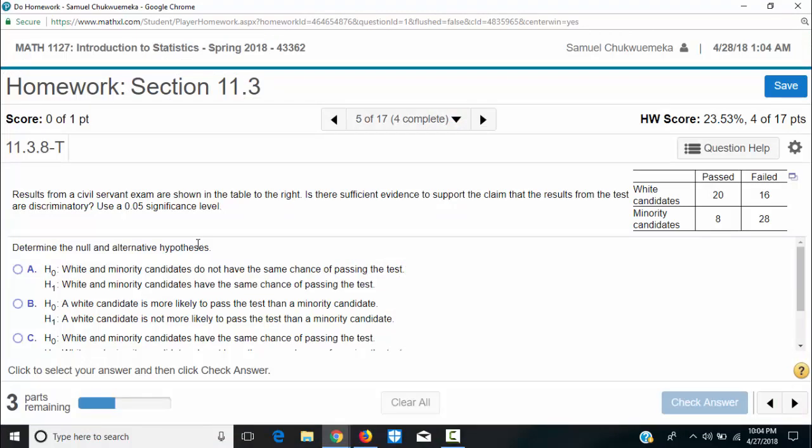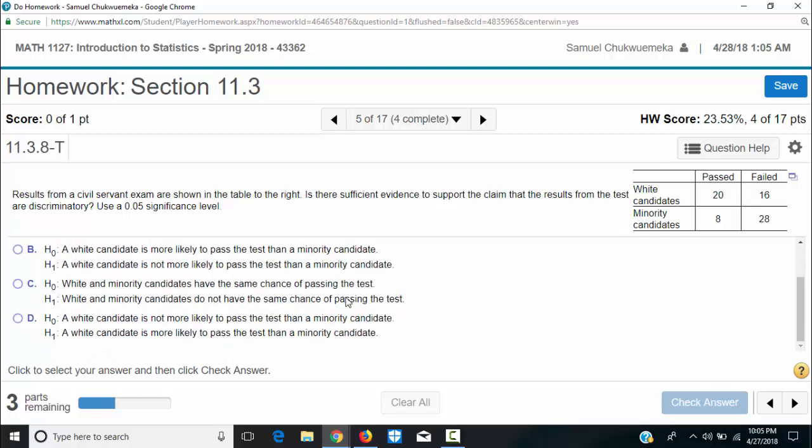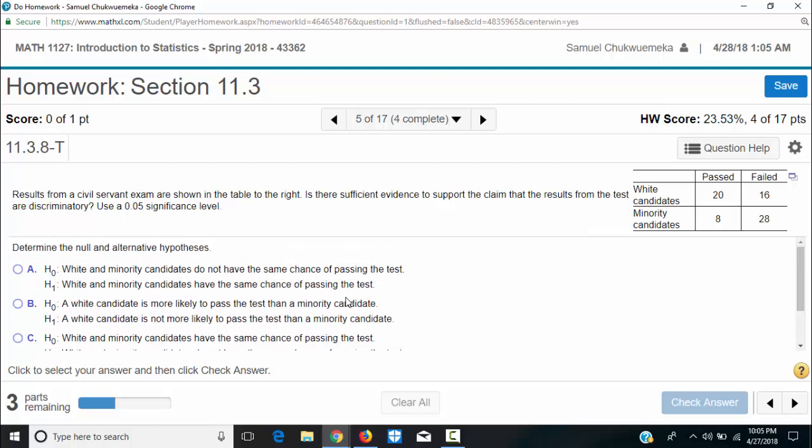Question 5. Results from a civil servant exam are shown in the table to the right. Is there sufficient evidence to support the claim that the results from the test are discriminatory? Use a 5% significance level. Let's state the null and alternative hypotheses.